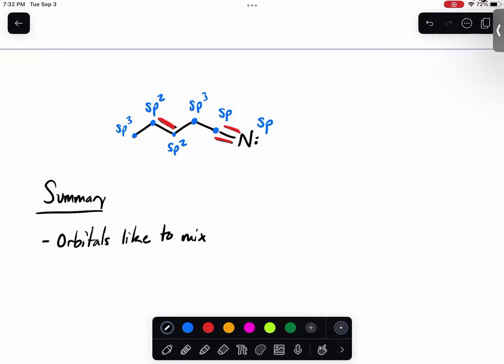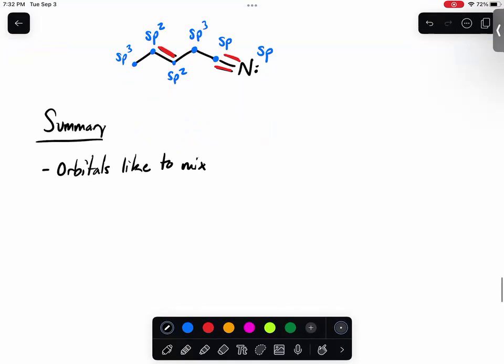So orbitals love to mix. You just have to ask yourself the question of how many p orbitals does an atom need? And to figure this out, you are looking at pi bonds.